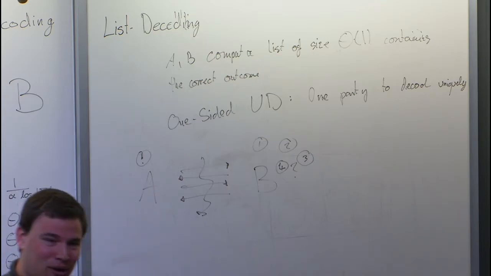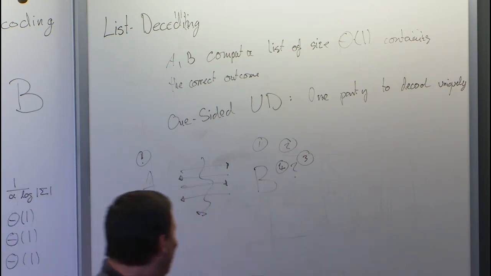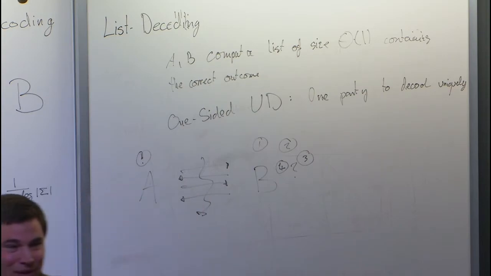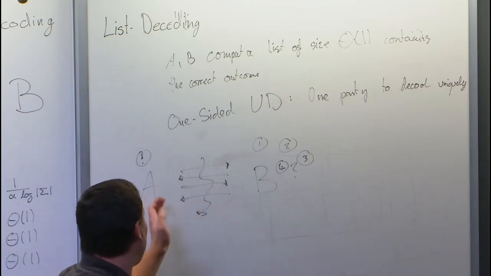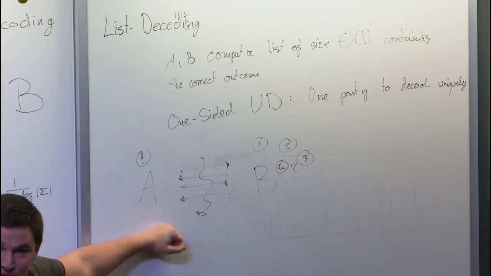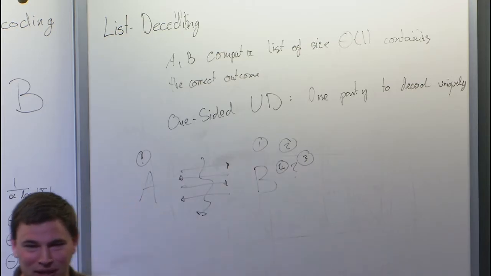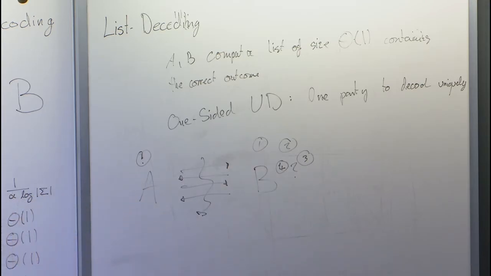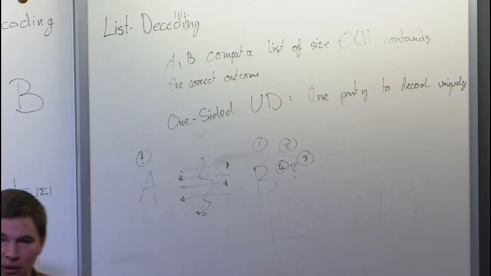Or your student comes to you and wants to solve a problem, and you're this big database who knows everything. So the student is going to ask you a question: is this true? Is that true? Is this true? Is that true? You could give him answers. You might misunderstand each other on the way, so the only thing that's important is that the student in the end has all the right answers. Do you need to know what he proved? Not really. That's okay. So this is purely about unique decoding.